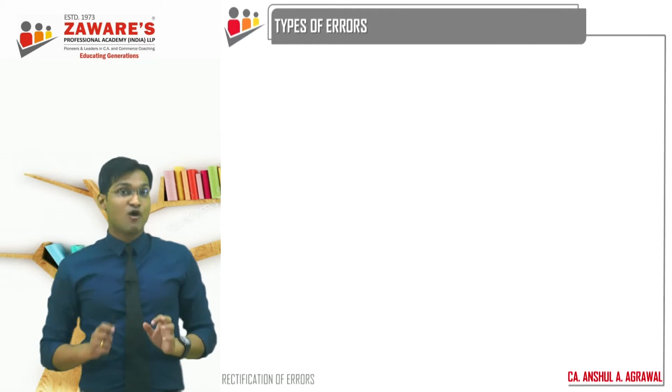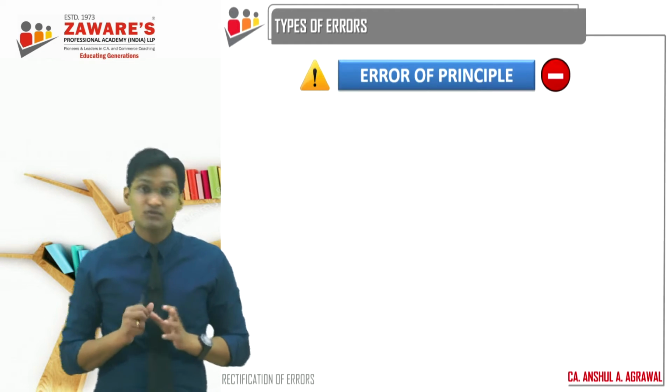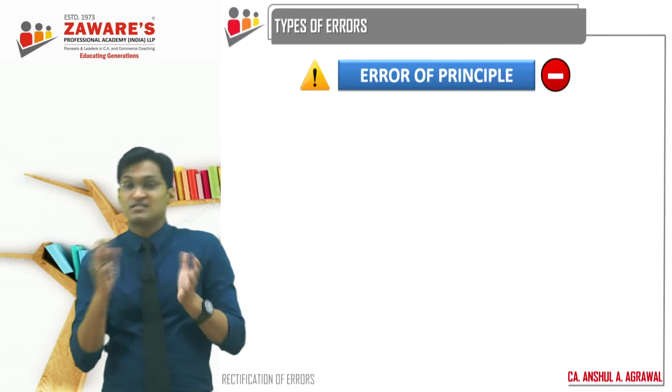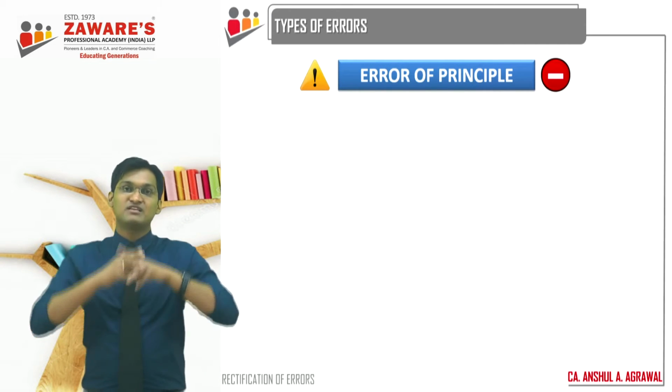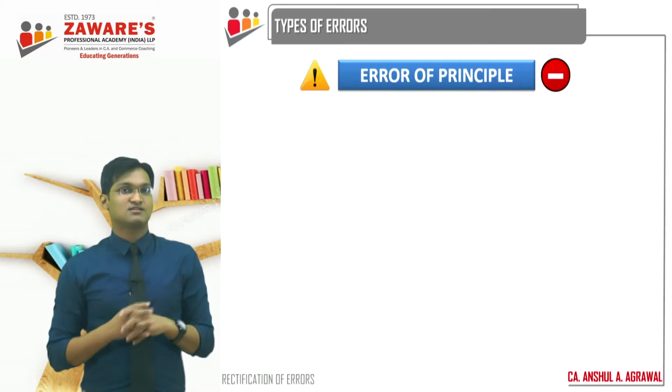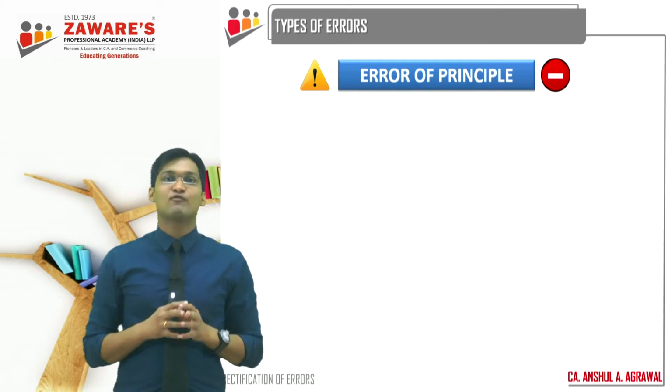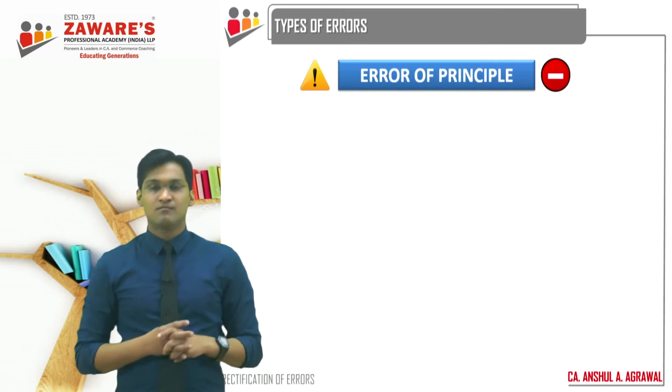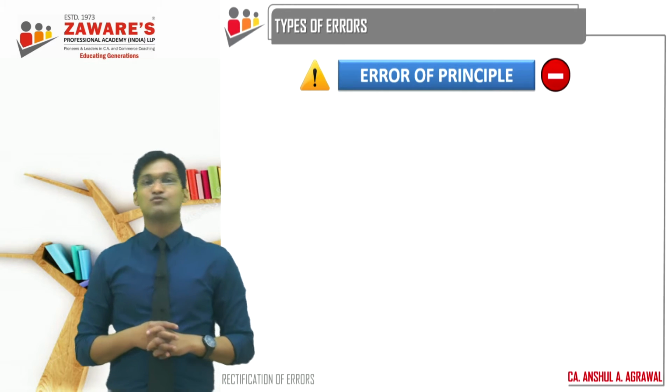The third type of error, which we are going to see now, is the most important type of error, and it's a very severe error. This is where we are up to. Error of principle. Principle means what? Rules.